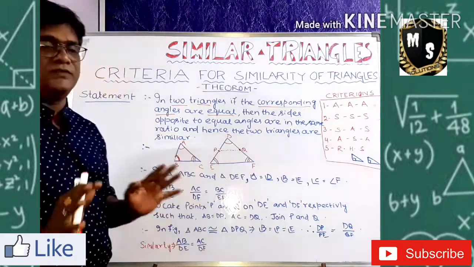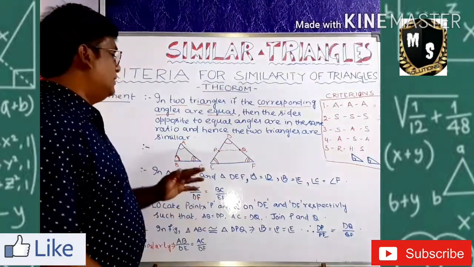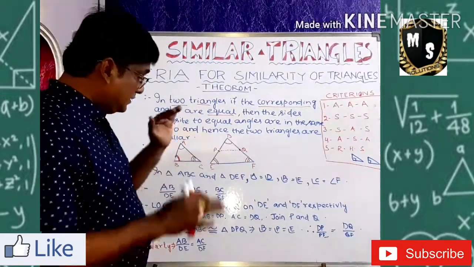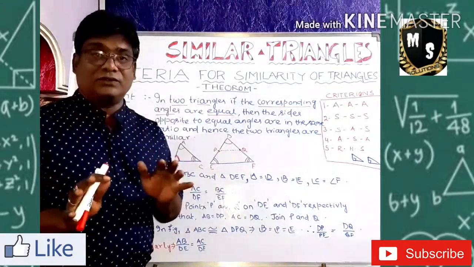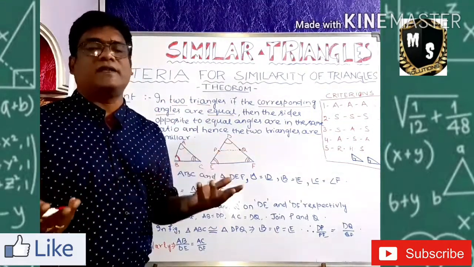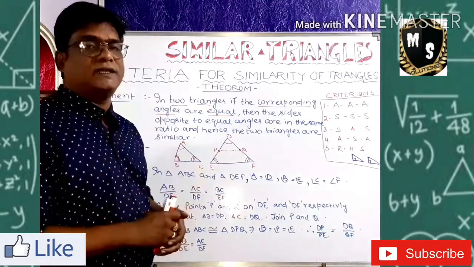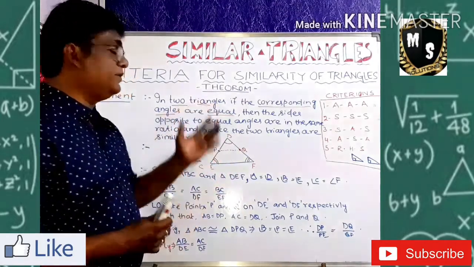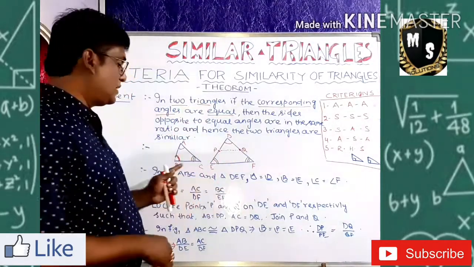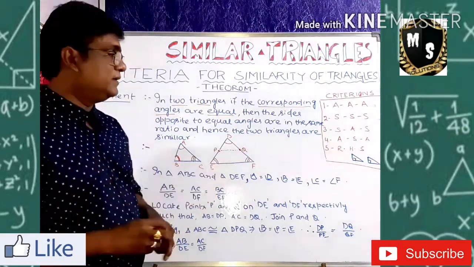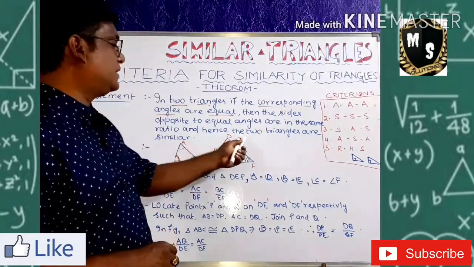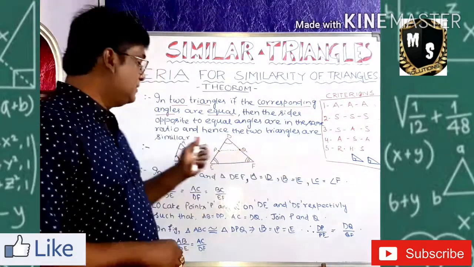I hope you understood it very nicely. And hence if the sides are in ratio, then it fulfills the what? Similarity criterion. So if the sides are in ratio and the angles are already equal, it is given to you, then the two triangles are said to be similar. That is saying hence we can say that two triangles are similar.